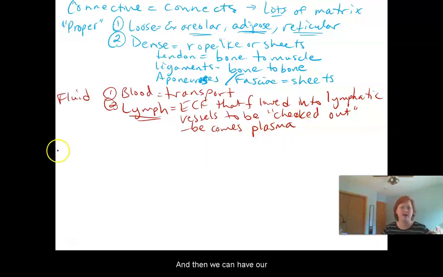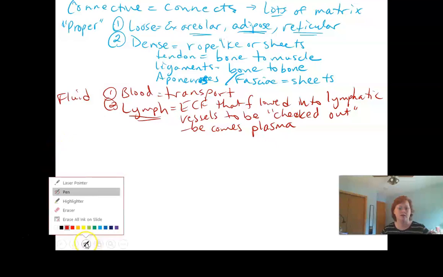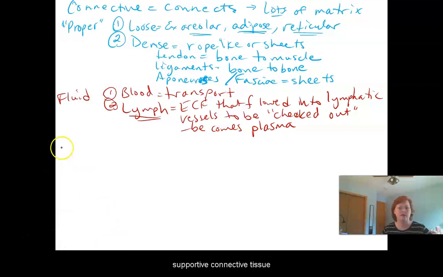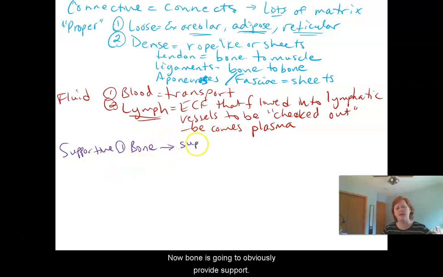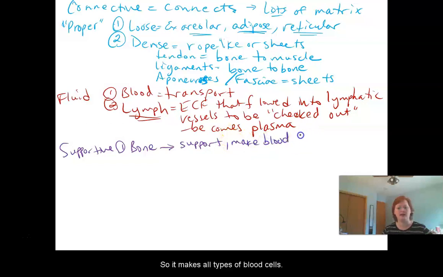And then we can have our supportive connective tissue, which is going to include bone and different types of cartilage. Now, bone is going to obviously provide support. It helps to make blood, so it makes all types of blood cells.